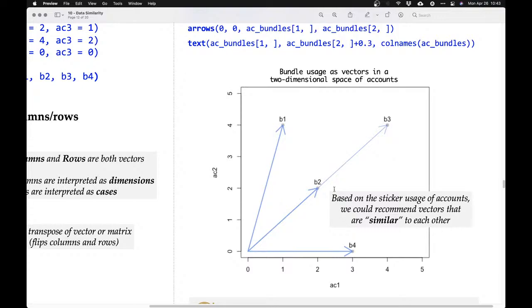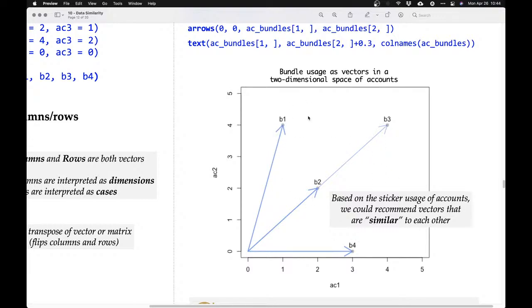Let's play this a little bit more. If somebody really likes bundle 1, there appears to be no other bundles that people are completely agreed upon in the same direction as bundle 1, right? Which other bundles might you pick from bundle 2, 3, and 4?